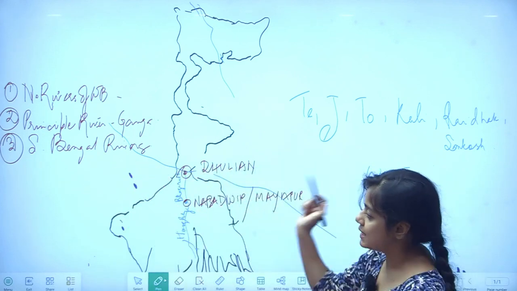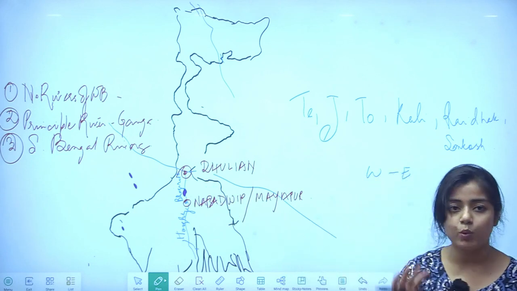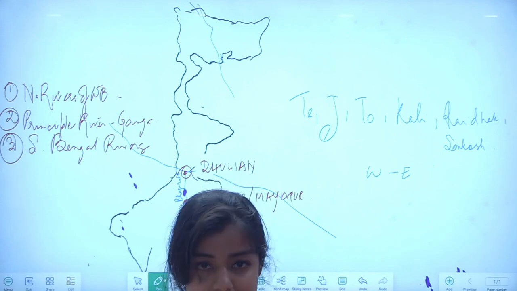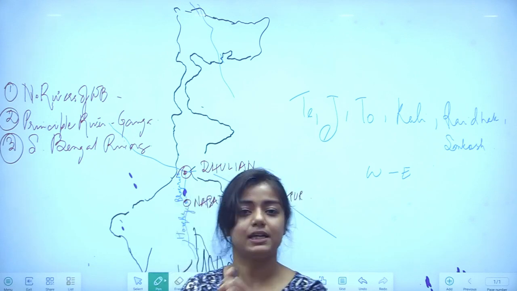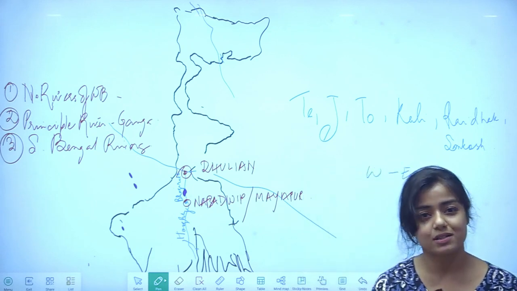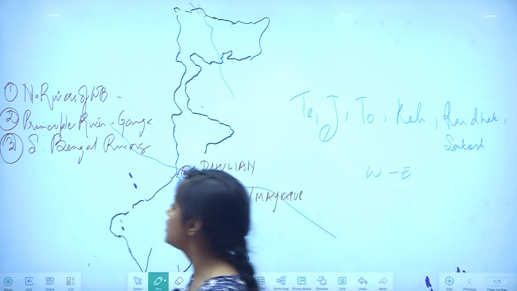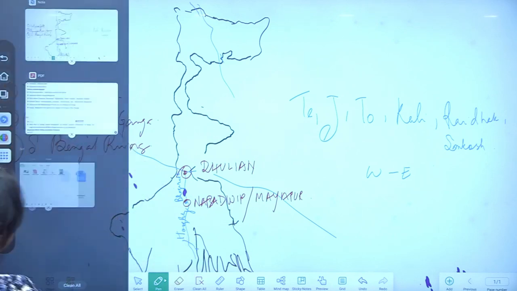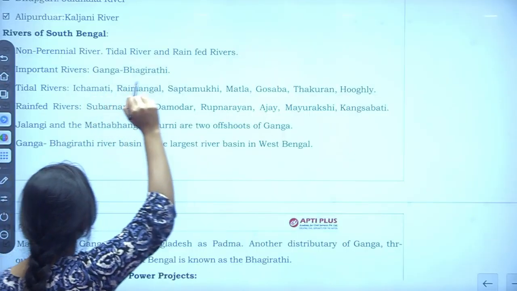Now the eastern side, from here there are two most important rivers that we have to study. One is Mathabhanga and the other is Jalangi. So they branch off into two. We know Churni is a part when it branches off. So this area is important and it has been summed up in the PDF.